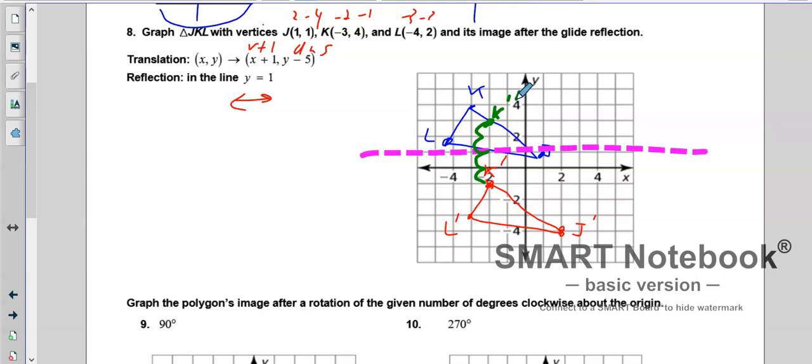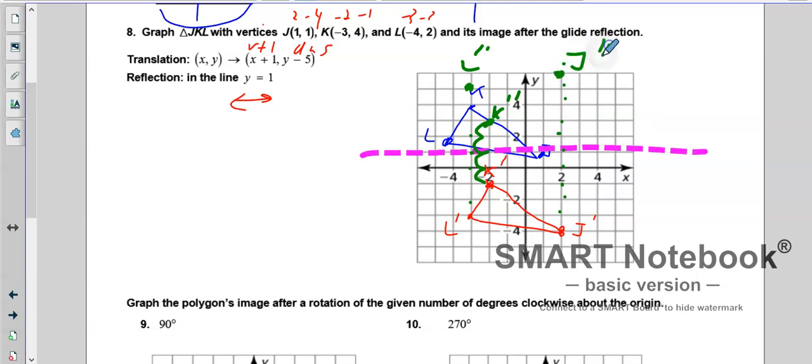Okay? And my L, I'm going to count 1, 2, 3, 4 to the pink line and go up 1, 2, 3, 4. And that's my L double prime. And J, I'm going to count 1, 2, 3, 4, 5. And I'm going to go 1, 2, 3, 4, 5.